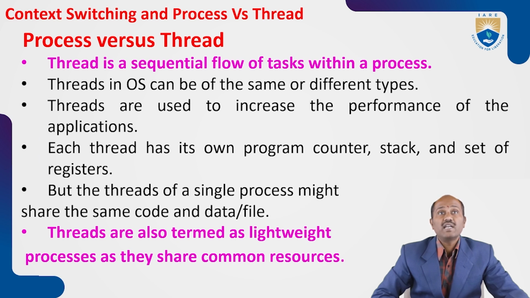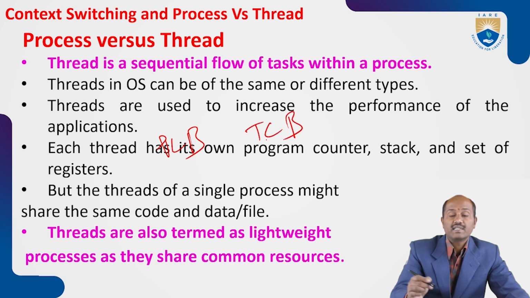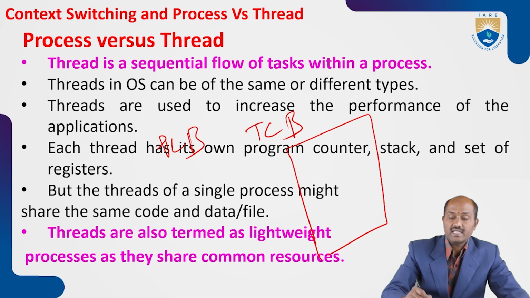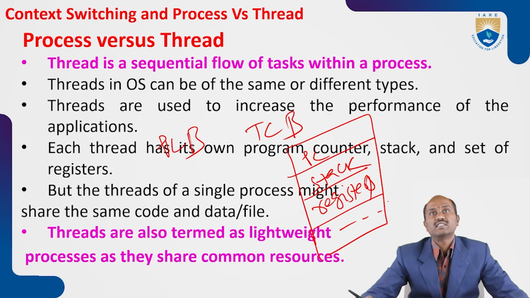Just like a process contains a process control block, PCB, a thread also contains a thread control block. This thread control block consists of a program counter, a stack, and a set of registers, and more.